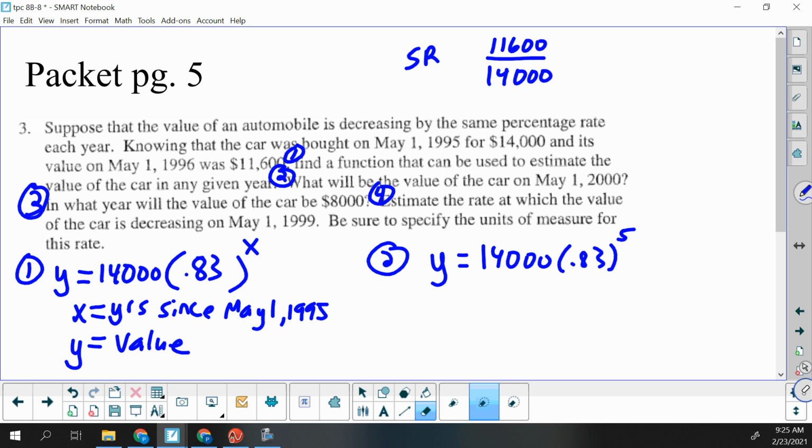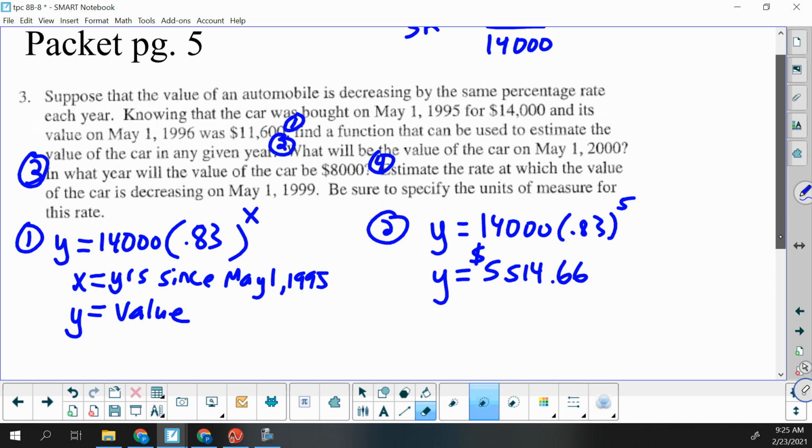Take a moment to punch that in your calculator and put a label on your answer. So we should get $5,514.66. Make sure you have your dollar sign on there for your label.